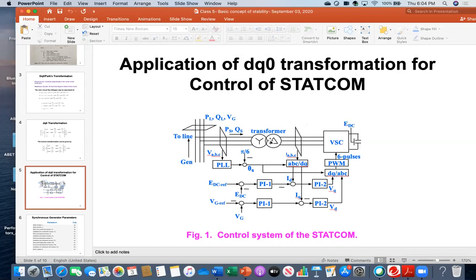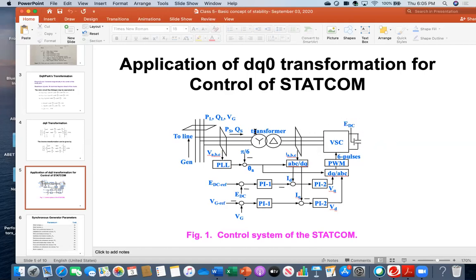What is that STATCOM? At the beginning, everybody looked at just the first line, the one-line diagram. This means that you have the line, for example, generator three-phase line, and then you need a transformer, so a Y delta transformer, and then there is a voltage source converter, and there is a DC link capacitor. Therefore, essentially, this DC link capacitor and voltage source converter actually constitute the STATCOM. So this is the STATCOM structure.